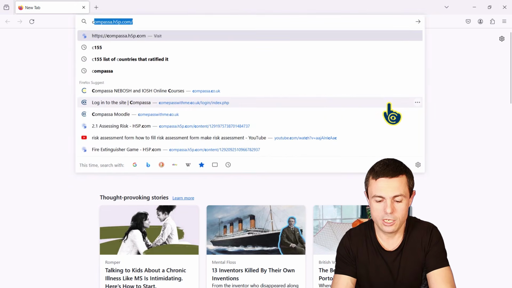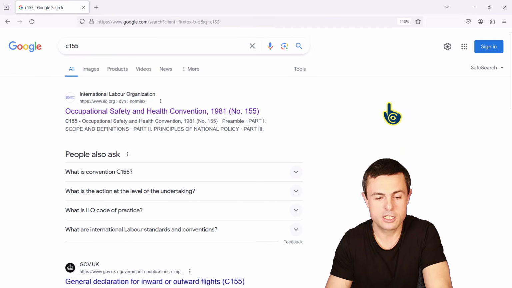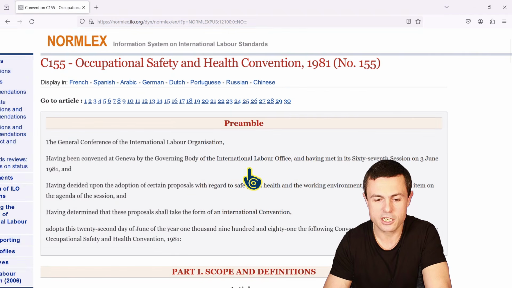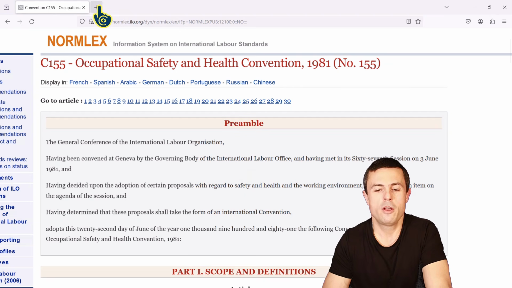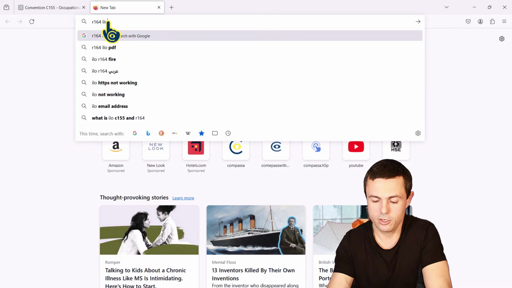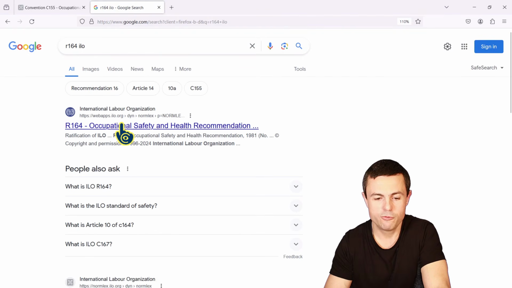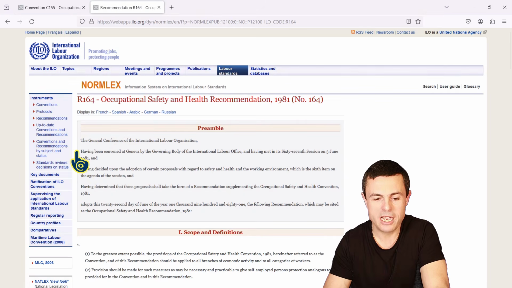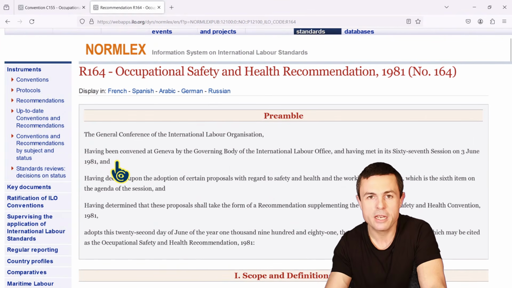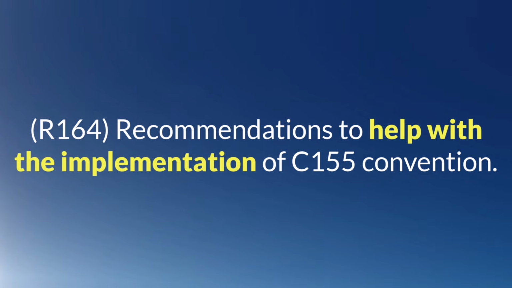In the last tutorial, we looked at the C155 convention. So this is an international treaty. What is the recommendation? Well, let's go for R164 ILO. This recommendation is basically recommendations to help implement the C155 convention.